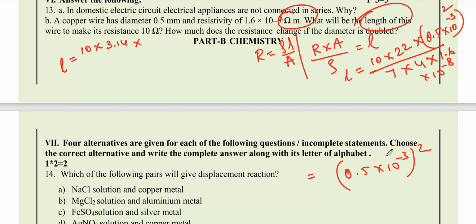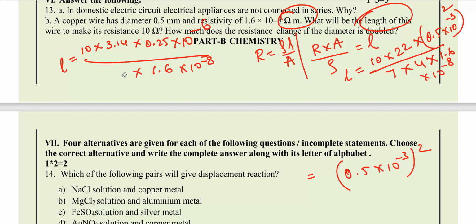First multiply the point values. 0.5 into 0.5 is 0.25 into 10 power minus 3 into 2, that is minus 6. Understood? Divided by 7 into 1.6 into 10 power minus 7 doesn't come, right?